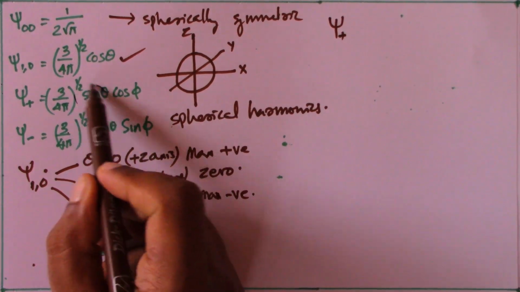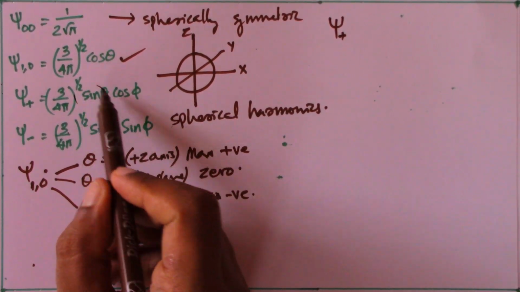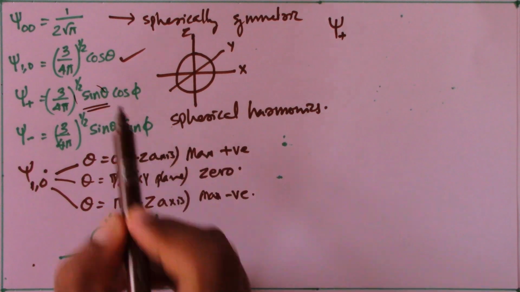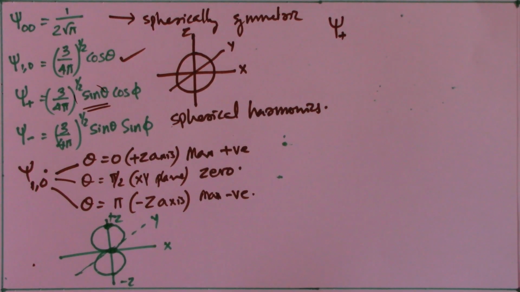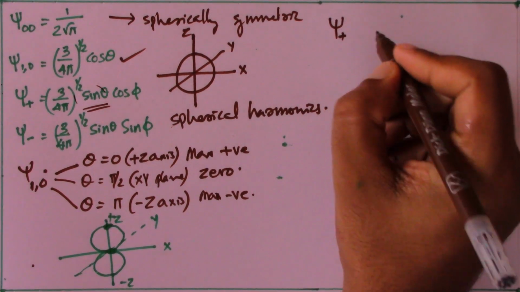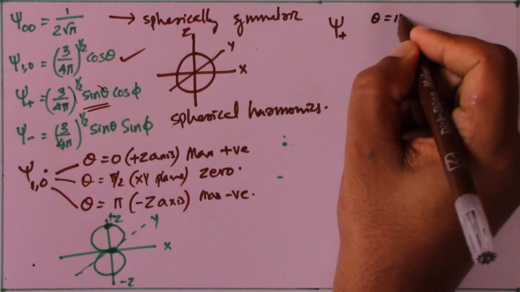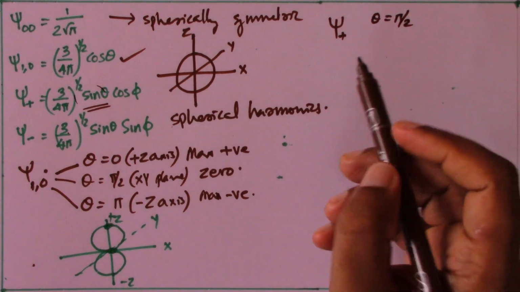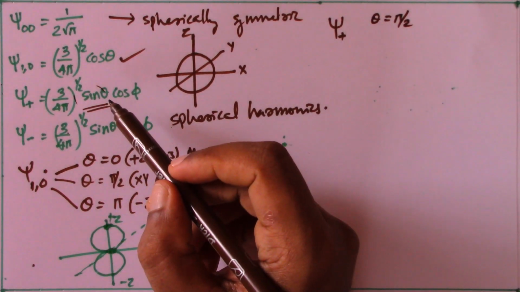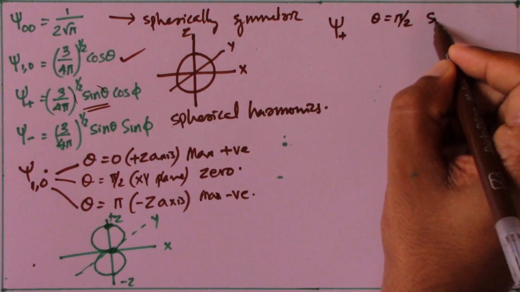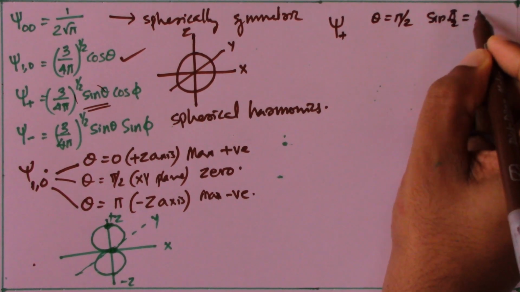So let us look into the first part of the trigonometric function, that is sine theta. Sine theta gets its maximum value when theta is equal to pi by 2, right? When theta is equal to pi by 2, sine pi by 2 is equal to 1.